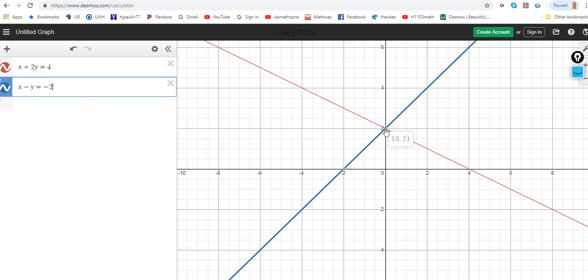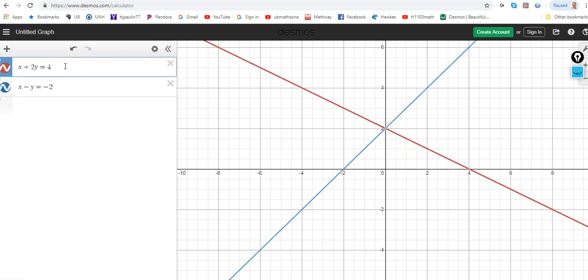So this is a point in which the red line, which stands for the first graph, and the blue line, which stands for the second graph, and these are equations, intersect. So this ordered pair, 0, 2, is a solution for both. And this is a good tool to check your work.